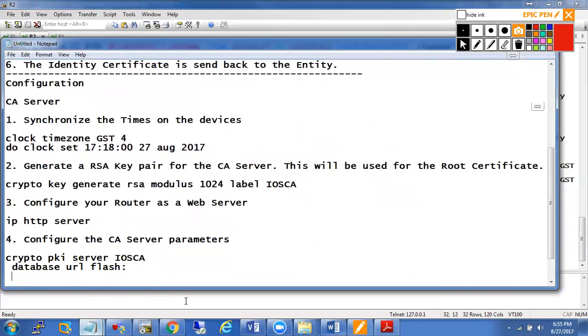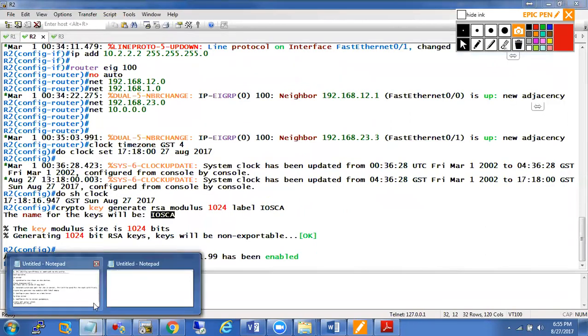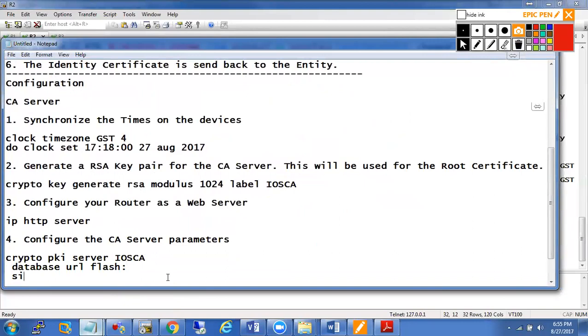All right. The next thing is the CA server information. Issuer name, common name. Let's say ABC CA server. That's just a common name, like the name of the CA server. O for organization, ABC.